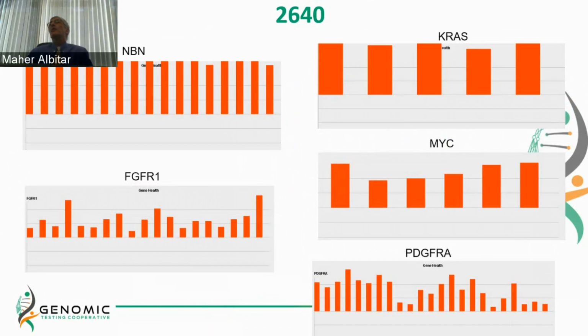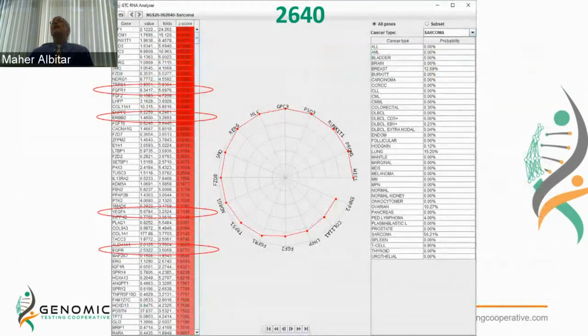Next slide. When we look at the expression levels, there is FGFR1 amplification, but at the same time, there is overexpression. There is also ERBB2, which is the HER2 gene, overexpression as compared with sarcoma. It's quite possible that if you compare this with breast cancer, this would not be called overexpression.